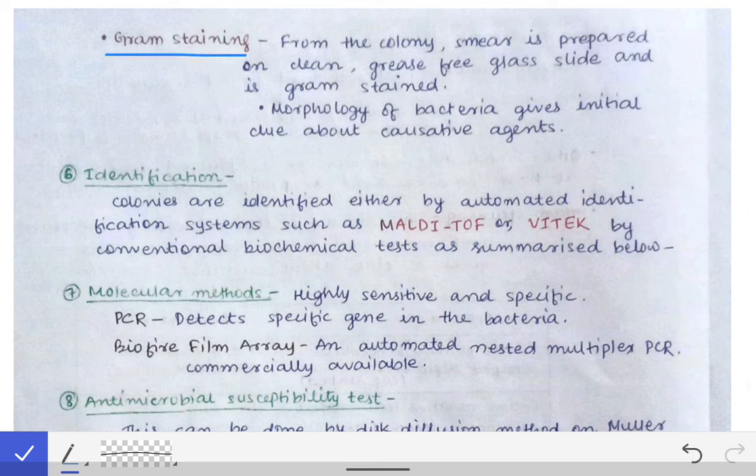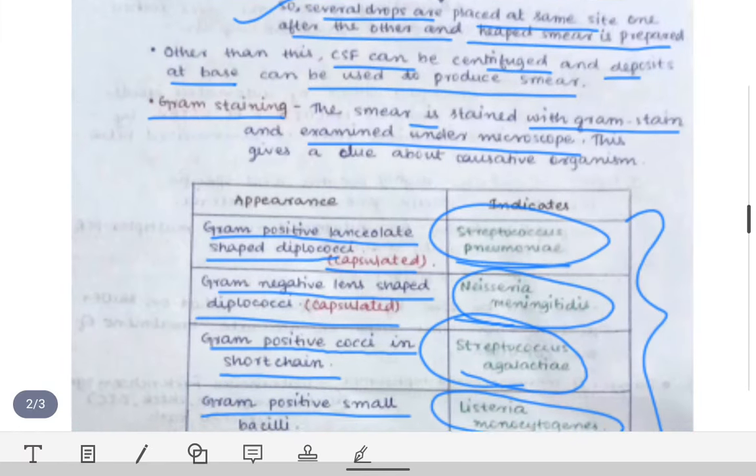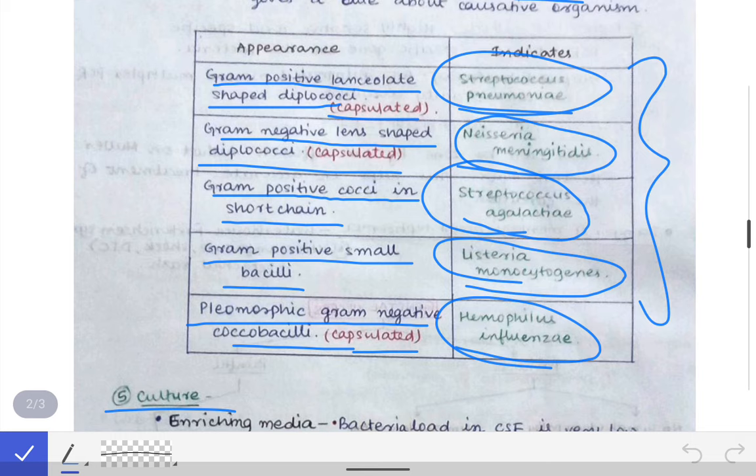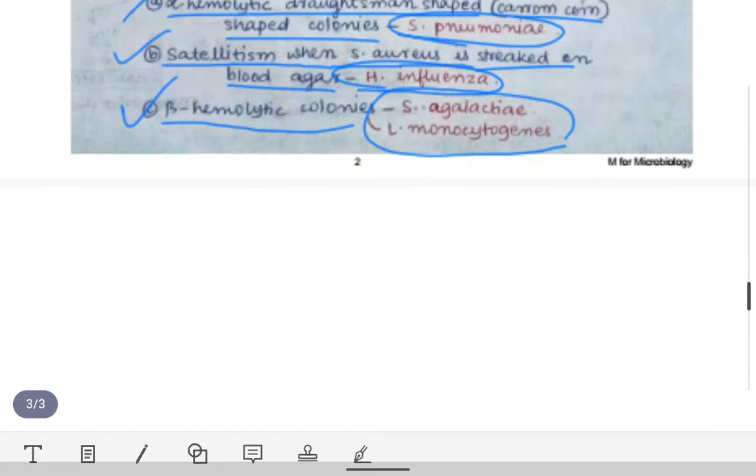So we take a colony from the culture media and make a smear on a clean grease free glass slide, and we stain it with the gram stain, and then the morphology of the bacteria is seen, and that gives a clue about the causative agents, the morphology of the bacteria that we have talked about earlier.